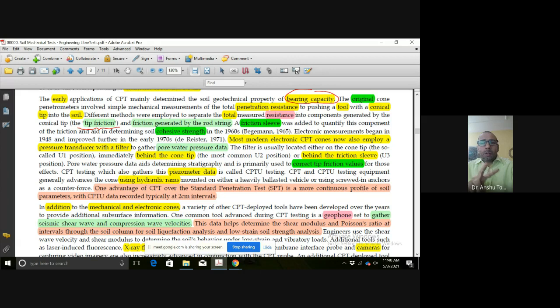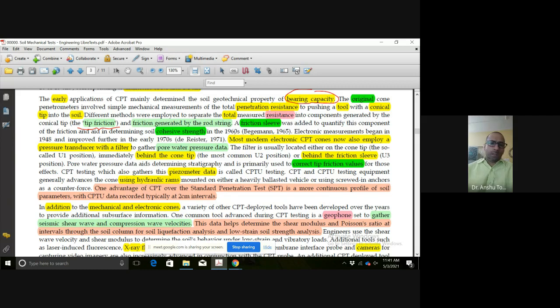These two resistances are added together to finalize one value of the total penetration resistance in the case of CPT. A friction sleeve was added. The other attachment, the friction sleeve, if you add it, will separate the friction and tell you the cohesive strength.